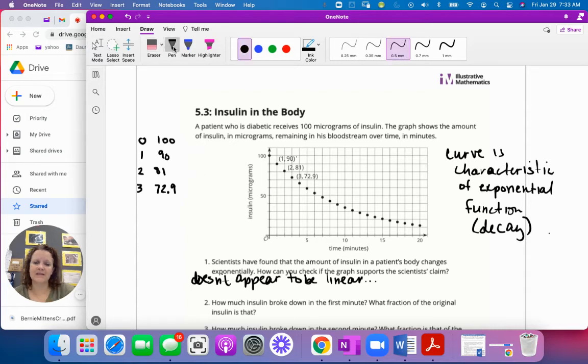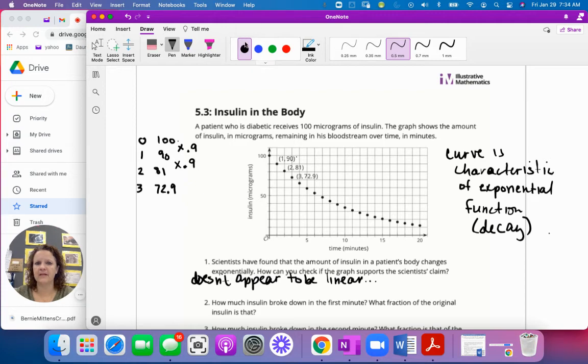So I am most definitely multiplying. So here I'm doing 90 times 0.9 is remaining. And if I test that, 90 times 0.9 is 81.